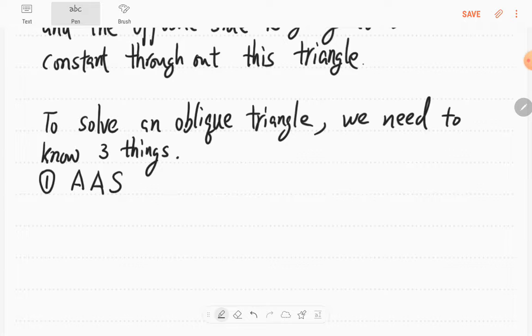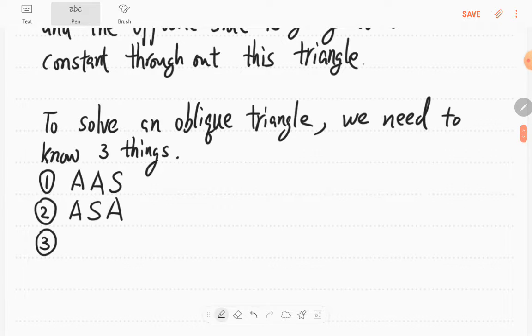Second, ASA: we still know two angles and one side, but this side is between the two angles. Then we can also solve this oblique triangle.